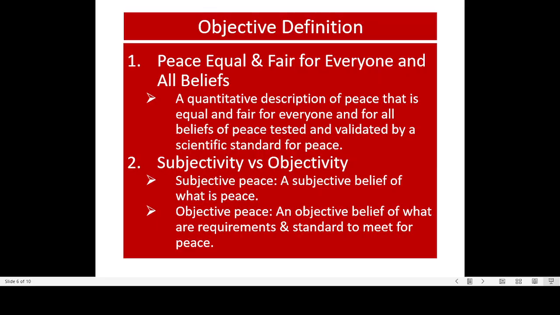Now, for objective peace, it is a belief of what the requirements and standards are to meet for something to be peace. So it doesn't specify or describe what is peace subjectively. So you see the difference. Anything that meets requirements and standard for peace is peace.